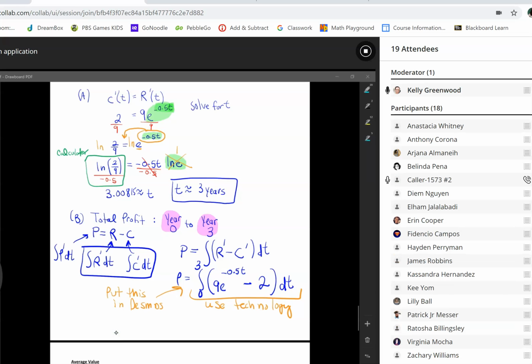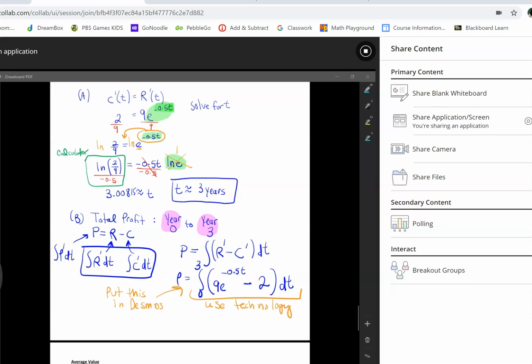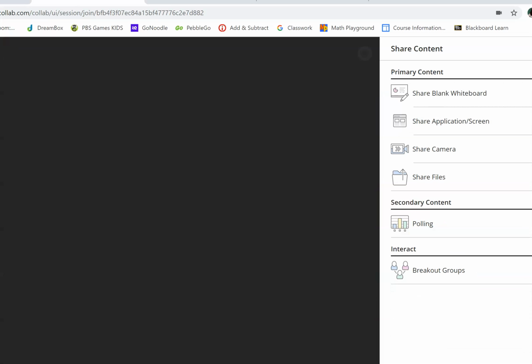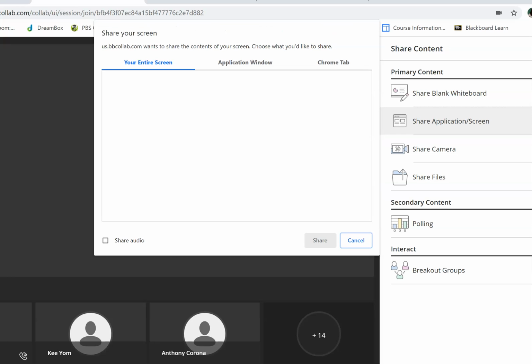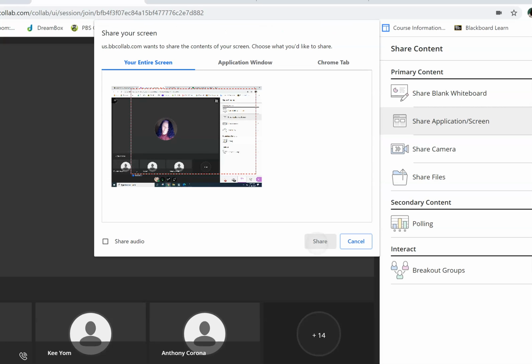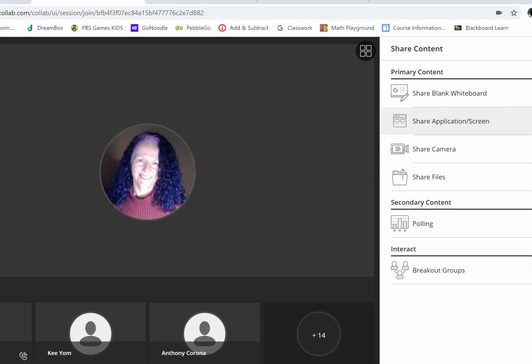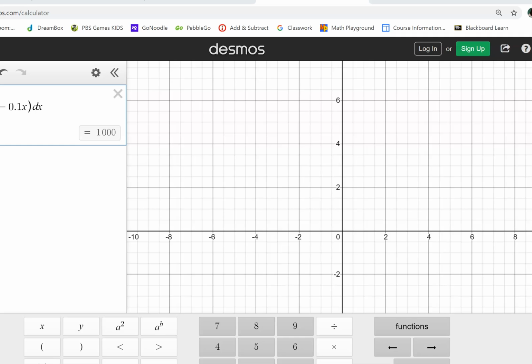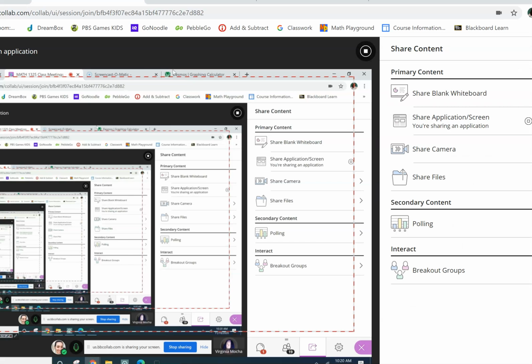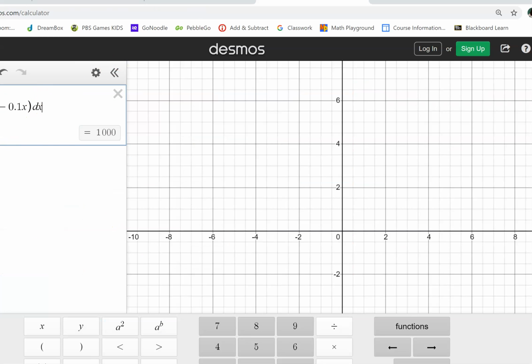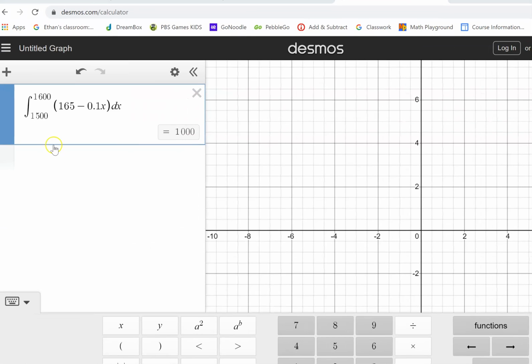Is it sharing my screen? There it goes. Okay. So I would just type this in super fast.